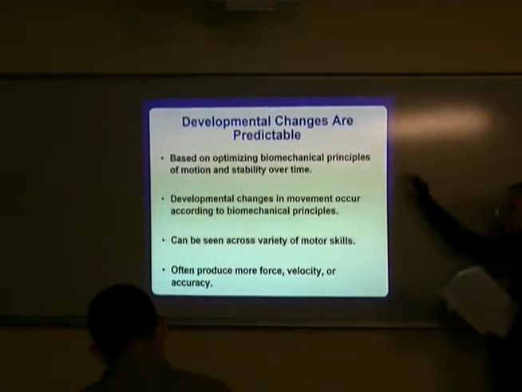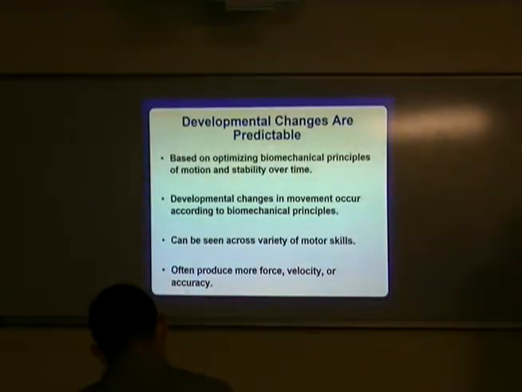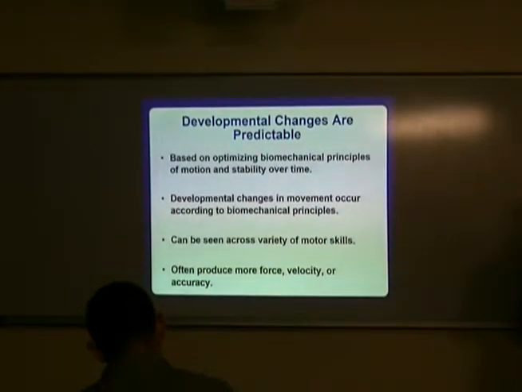Sometimes it's very cognitive. Sometimes it's an absolutely deliberate attempt to change a skill and utilize biomechanics to make it more effective. So it may be looking at height, it may be looking at distance, it may be trying to be as fast as possible. How do I use physics and biomechanics principles to create the best outcome that I want?